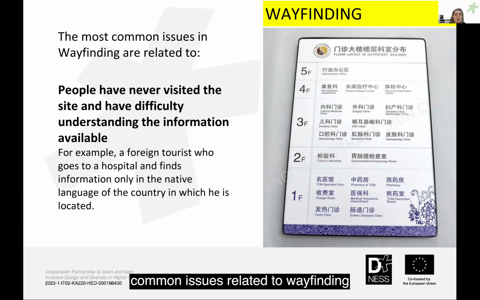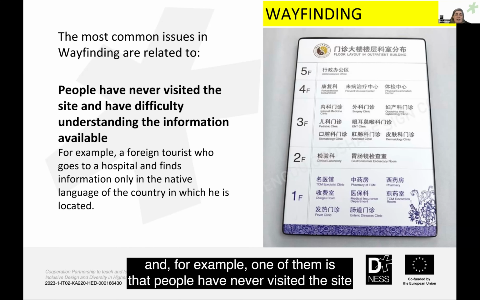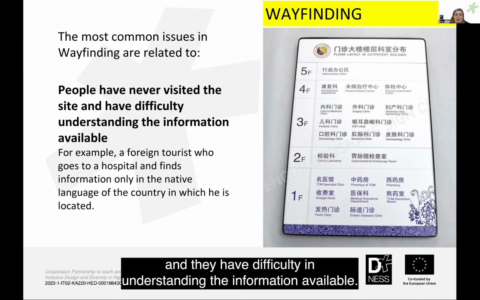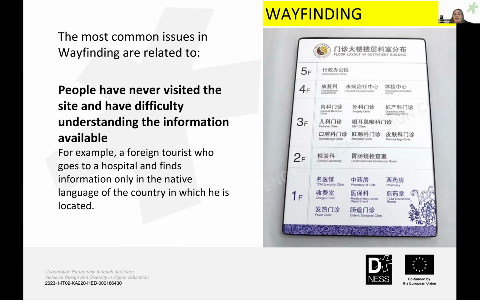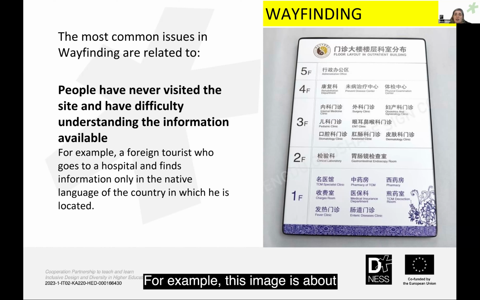There are some common issues related to wayfinding. For example, one of them is that people have never visited the site and have difficulty in understanding the information available. For example, this image is about signage in a Chinese hospital.